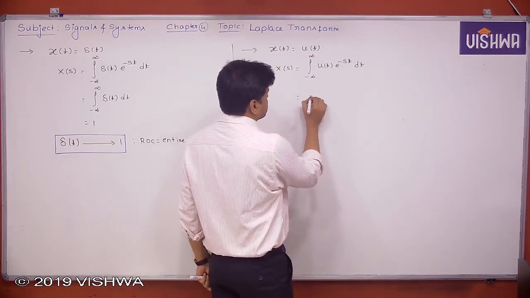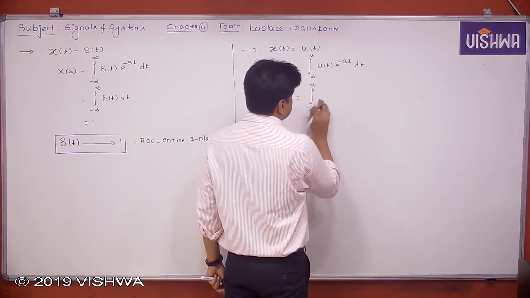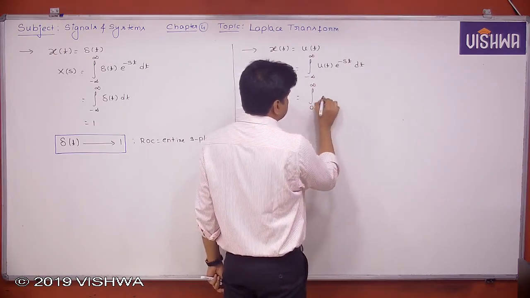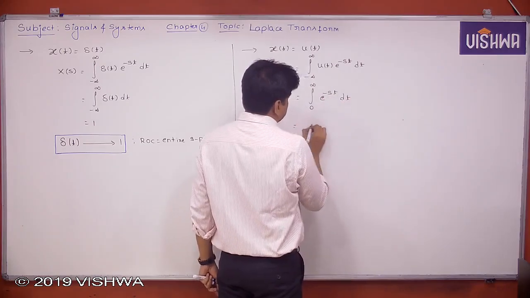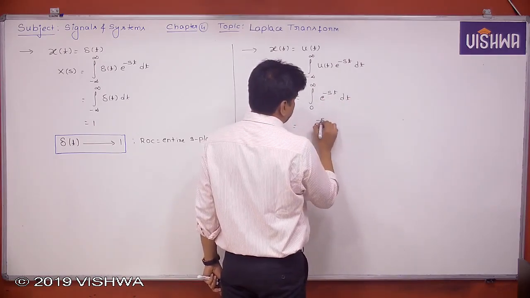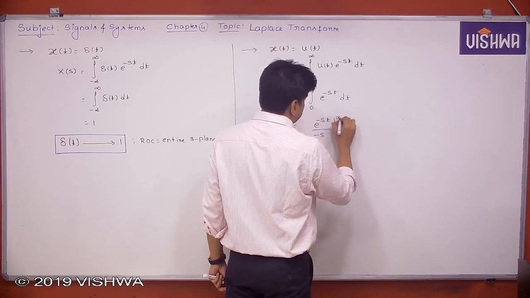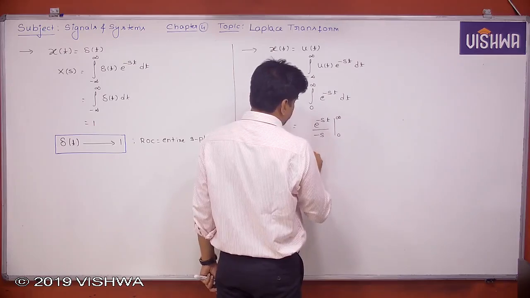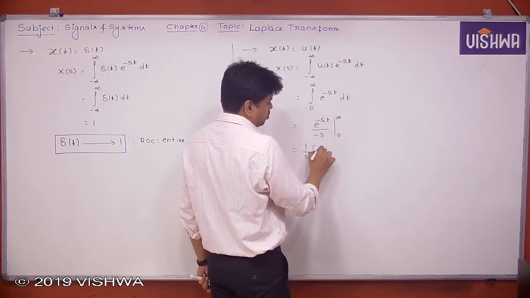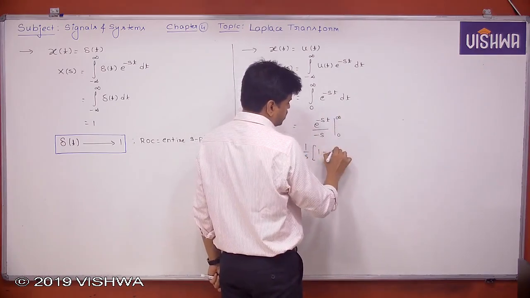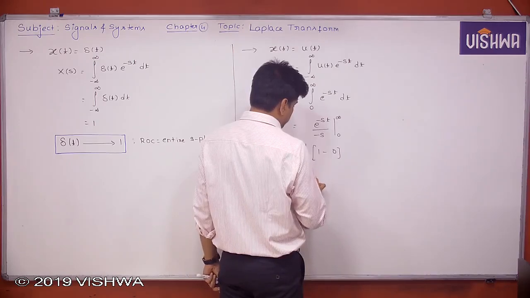Then the integration of e power minus st is e power minus st by minus s from 0 to infinity. Because of this negative sign, first I substitute 0, giving 1. If I substitute infinity, this value is equal to 0. So finally this is nothing but 1 by s.